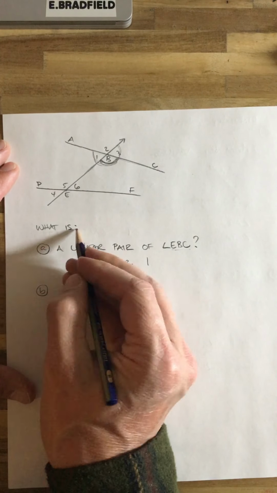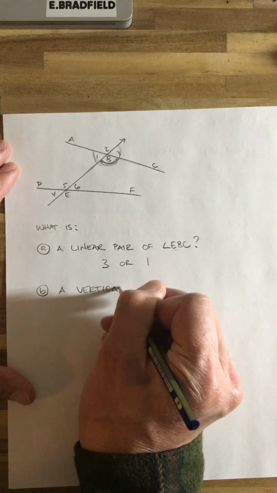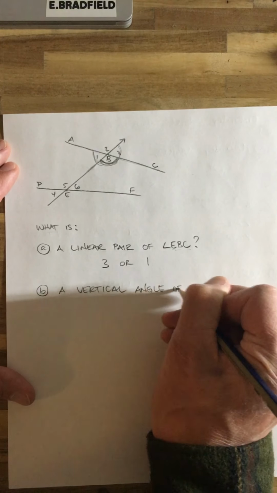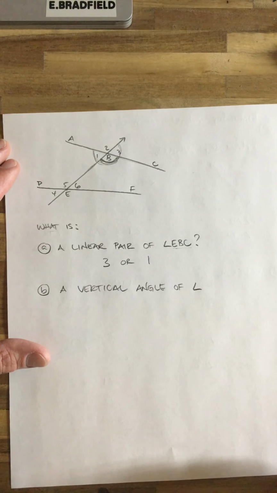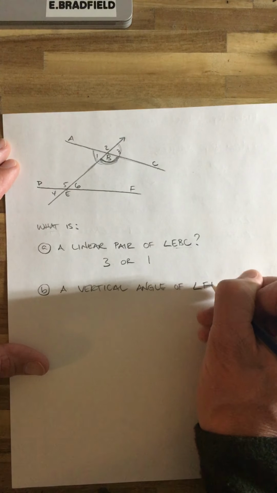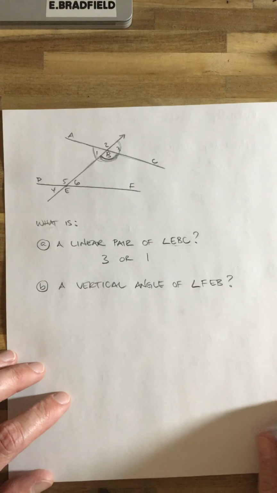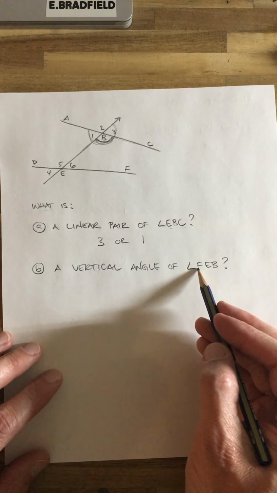All right, let's do another one. B. What is the vertical angle of angle FEB? Well, start with the letters FEB.